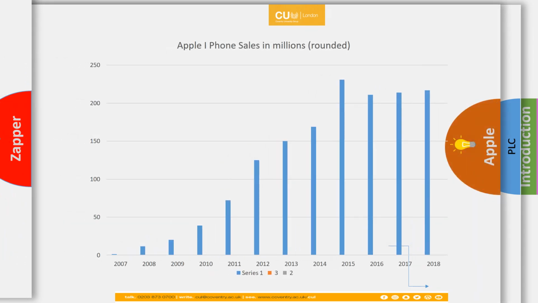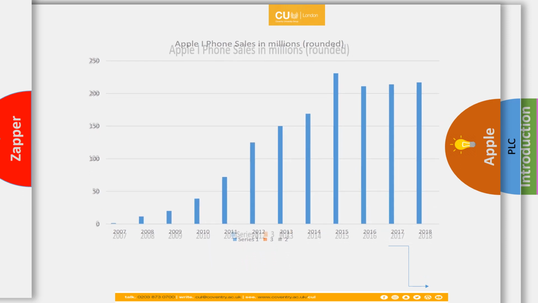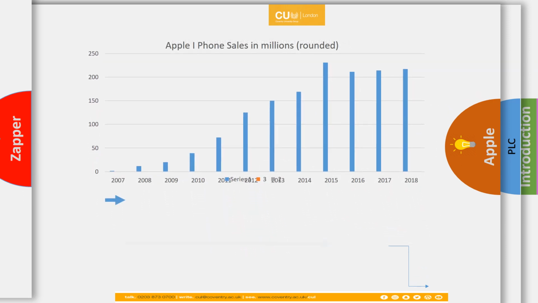As another example, if we look at Apple, we can see that Apple was launched in 2007, and now we're going to apply this to the product life cycle. So in 2007, that was the introduction stage to the marketplace, and then from 2008 all the way to 2015, you've had a steady growth.